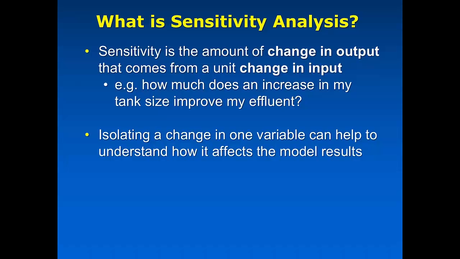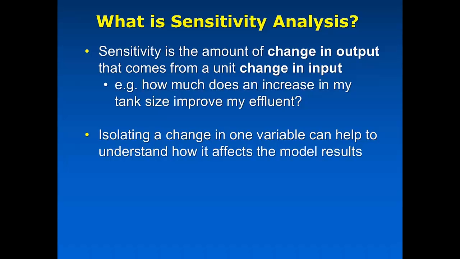The reason this is a useful thing is that you can really isolate the effect of one particular variable on your overall plant design. And you want to be able to do that so that you can understand how that variable affects all of the other things that are going on in your model. Now, activated sludge is, as you know, a very complicated thing. So sometimes you find that your system might not be very sensitive at all to certain parameters and very sensitive to others.